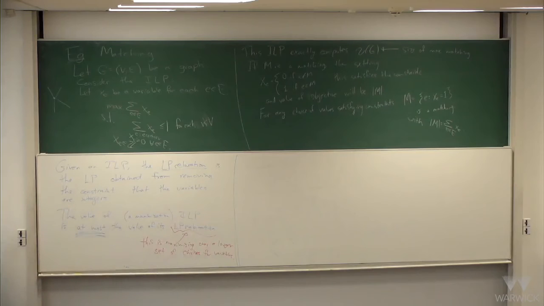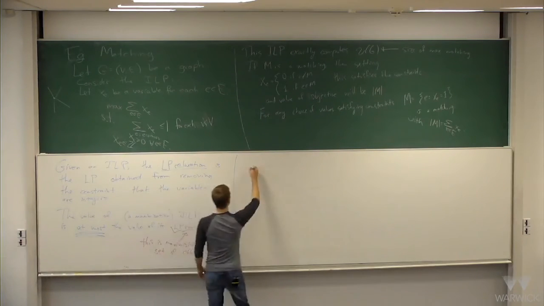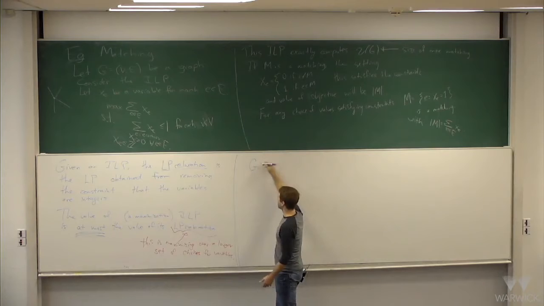And that's going to be a theme of the next few lectures: under what conditions is it true that some integer linear program has the same value as its LP relaxation? Generally, I should give you an example.